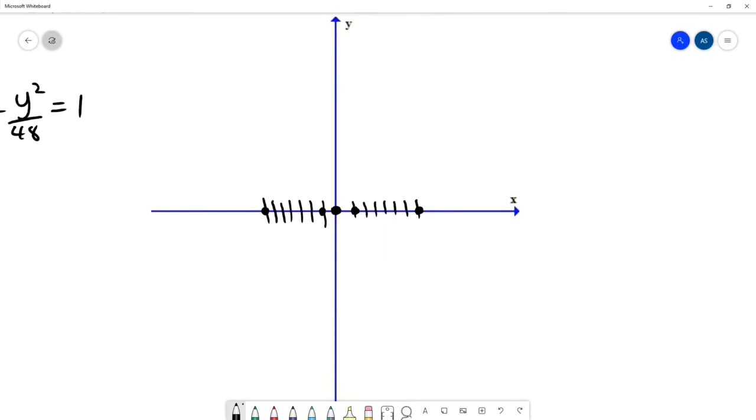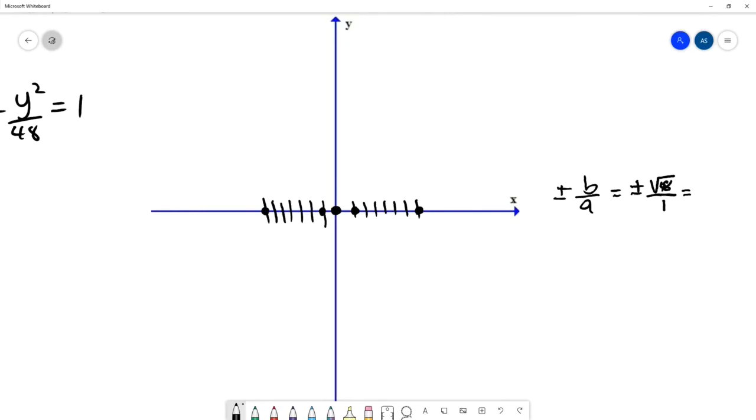Then if you'll remember, the asymptotes are going to pass through the center, and they're going to have a slope of plus and minus b over a. We saw that b was the square root of 48 and a was 1. Let me approximate the square root of 48. I'm just going to punch that in my calculator real quick.